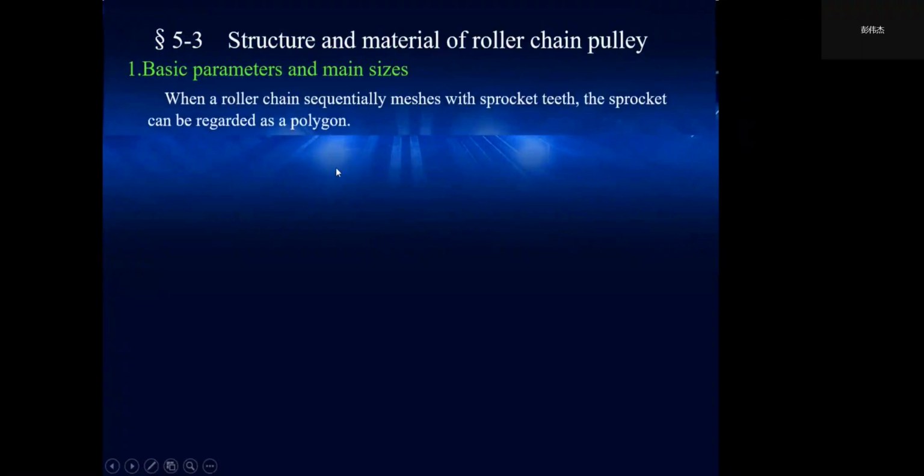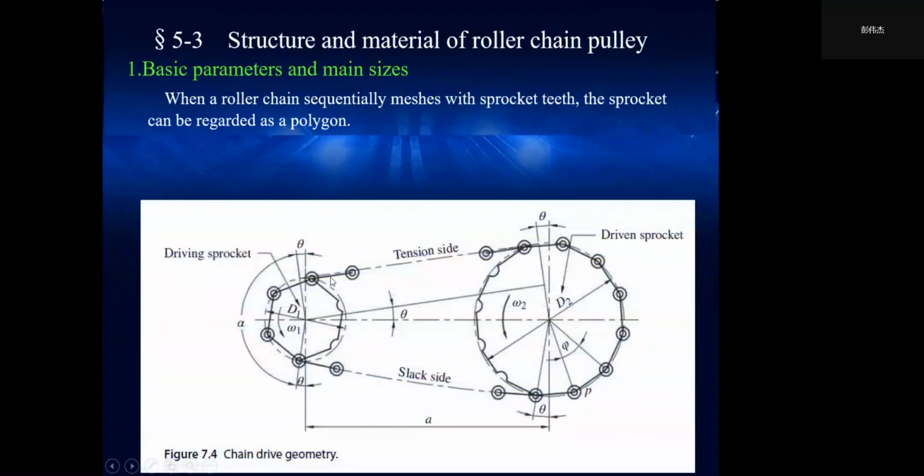And when a roller chain meshes with sprocket teeth, the sprocket can be regarded as a polygon.